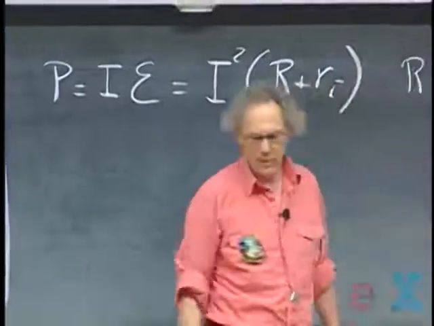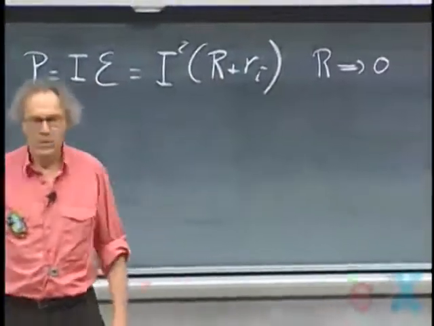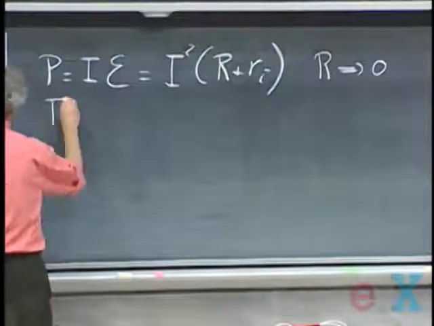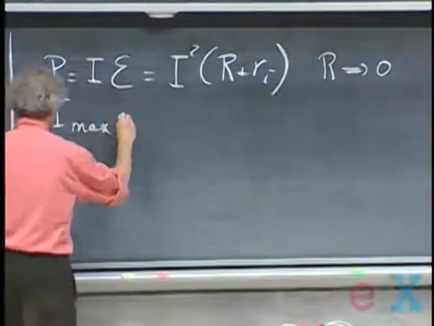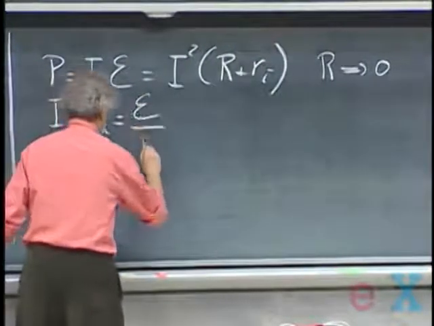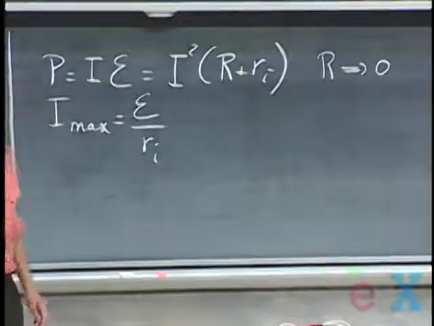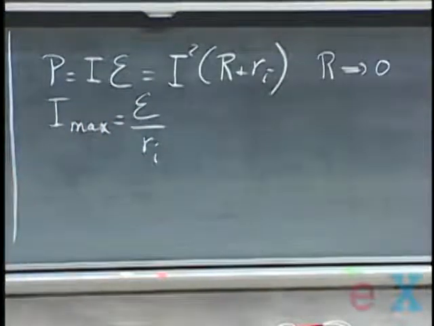And so if you make capital R 0 by shorting out the battery, then you get the maximum current that you can get, which is the EMF divided by R of I. So you've killed the capital R, it's 0 now.